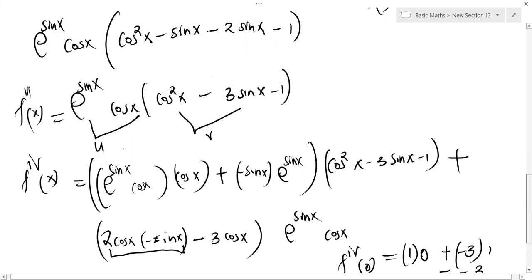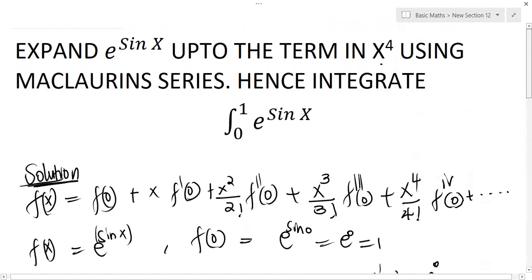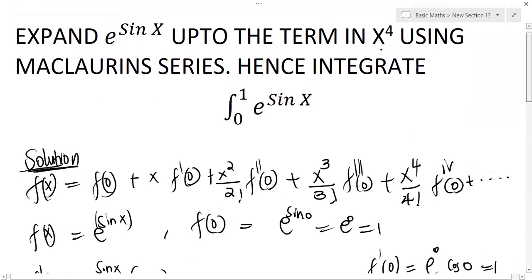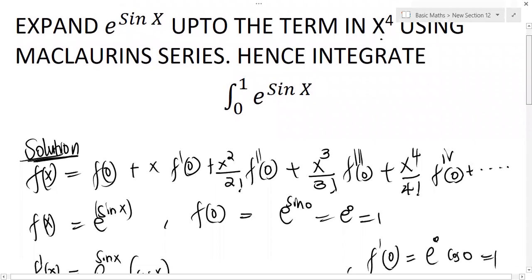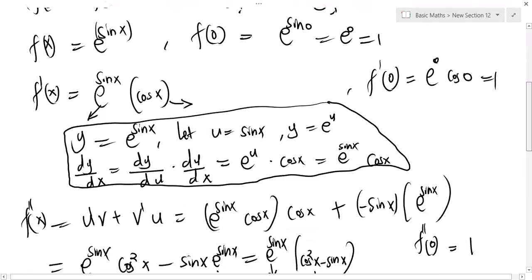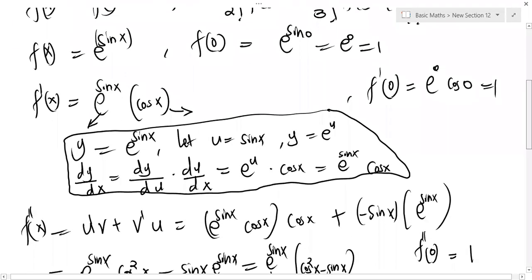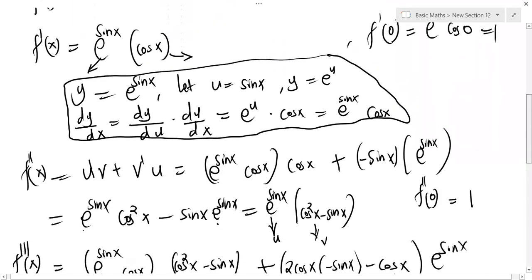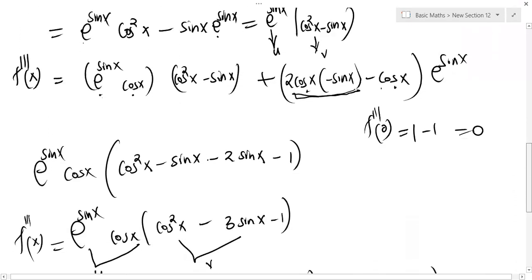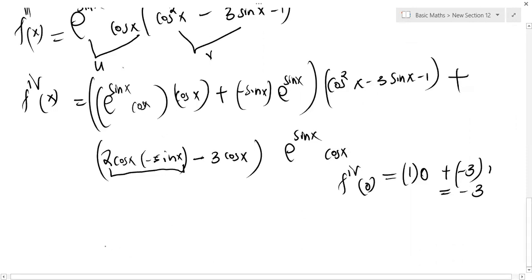Okay, fine. So the question wanted us to expand exponential sin x up to the term x to the 4 using the Maclaurin series. So now we have f of 0 is 1, f prime of 0 is 1, f double prime of 0 is 1, and the third prime is 0. Coming to write the expansion for exponential sin x: 1 plus x times f prime of 0, plus x squared over 2 factorial f double prime of 0.